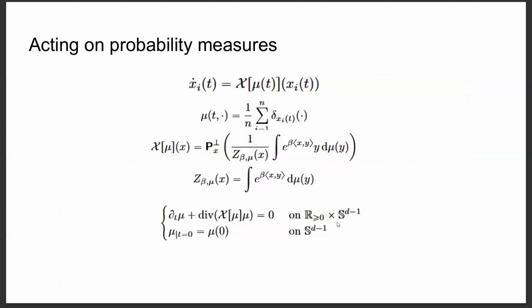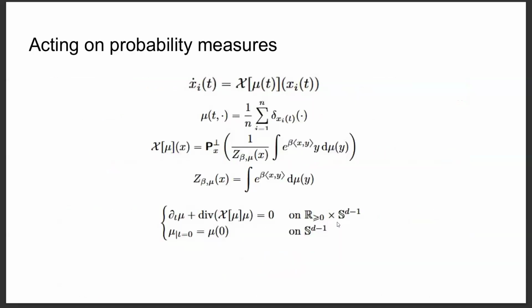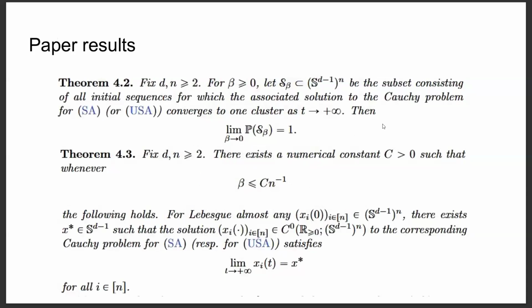What the authors are interested in is to prove the conjecture that in lots of cases this dynamics converges to a single delta measure, which was previously conjectured from experiments.